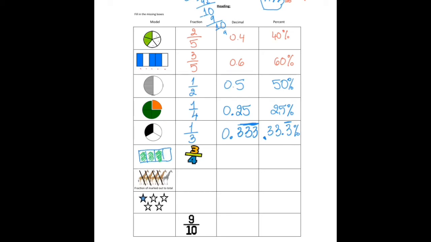So 3/4, everything out of 4. Think about a quarter. A quarter is 25 cents. So for 3, you need 3/4, which is 75%. Again, move the decimal so you can have a decimal.